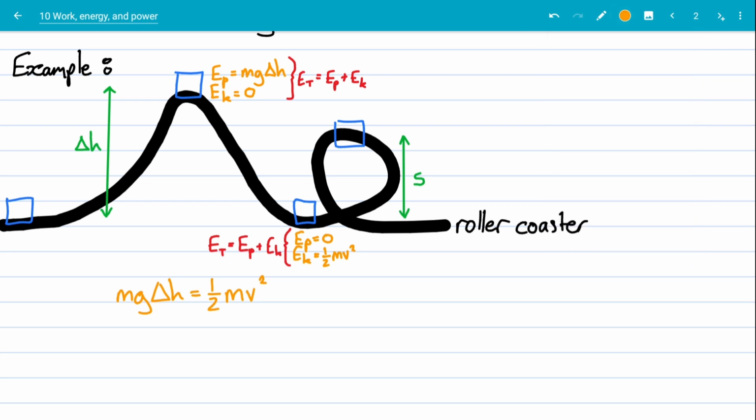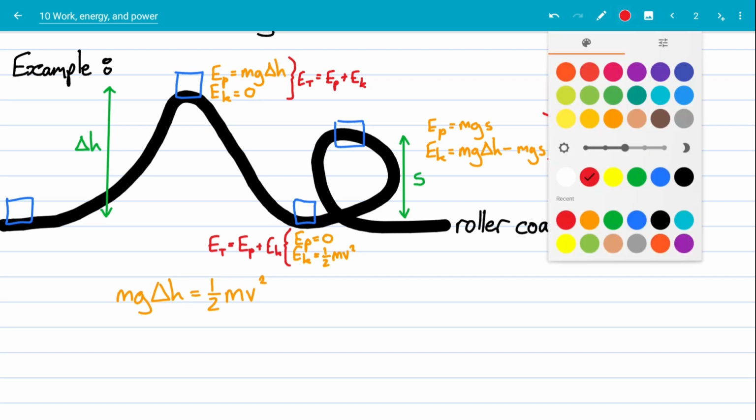So when we are at the top here, our gravitational potential energy is mgs, but our kinetic energy is going to be what we had before, which is mg delta h, subtract mgs, just like that. But we also can say that those two added together are still equal to ET, the total amount of energy that we have, because energy is conserved.